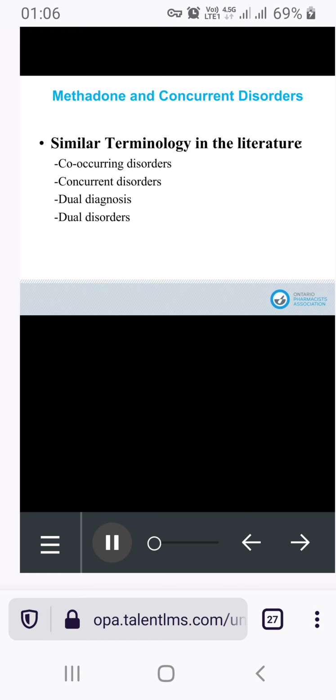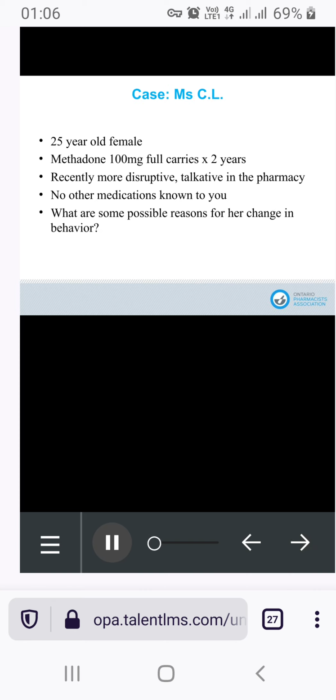Methadone and concurrent disorder. Similar terminology in the literature: co-occurring disorder, concurrent disorder, dual diagnostic, dual disorders. Case: Miss CL, 25 years old, female, methadone 100 mg, full carries for 2 years.